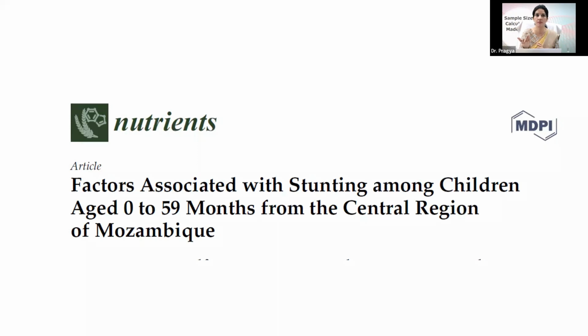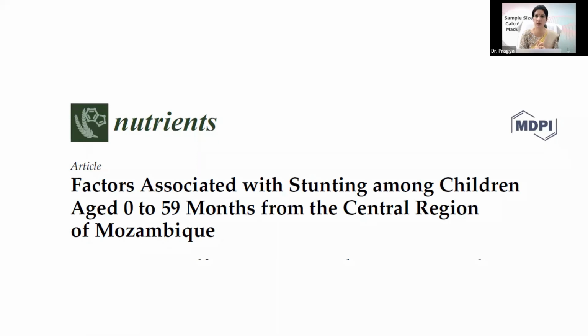So maybe it is not the right time to discuss those concepts. Most of the case control studies which we do are unmatched. Don't think that if you just match age and gender, it becomes a matched case control. You are just taking matched controls, but in a matched case control study, we take the time also into account.